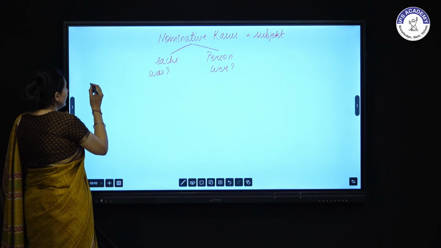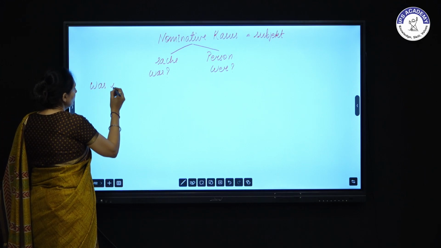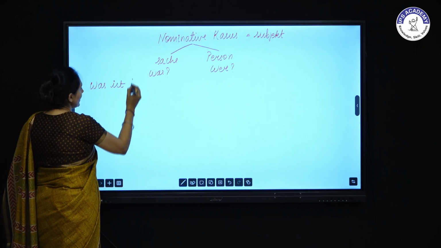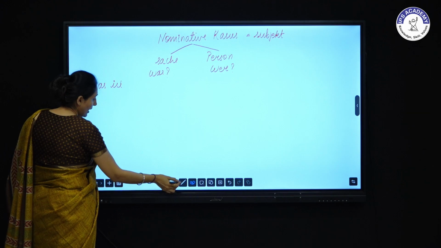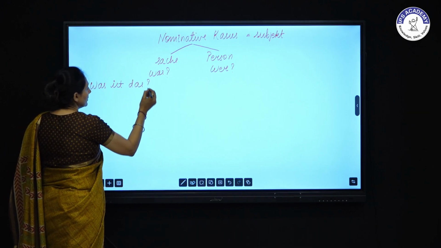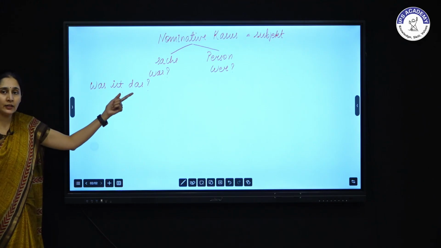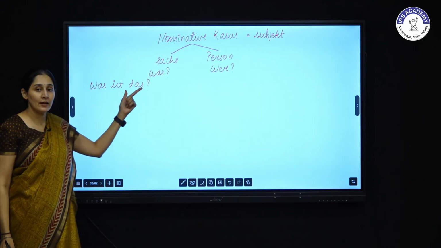So if we have seen some words related to objects, we can say: Was ist das? Was ist das? Das is not here an article, it is related to the Sache that is there. It is this and that.